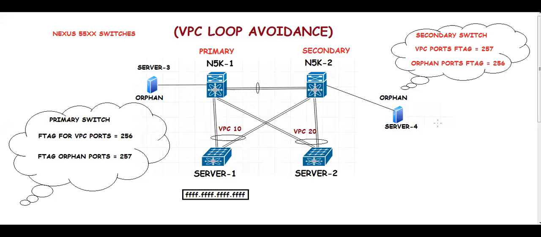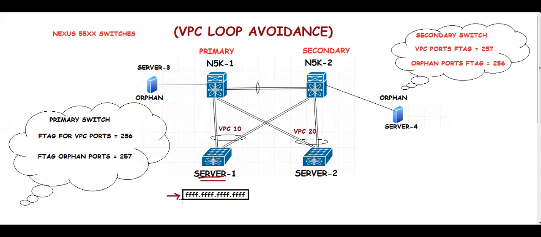We can see here we have our two switches, N5K1 and N5K2, and two servers are connected, server 1 and server 2. One is connected to N5K1 and server 2 is connected to N5K2. Now let's first see how we can come up with loops in our network. Let's say from server 1, we have one broadcast packet.